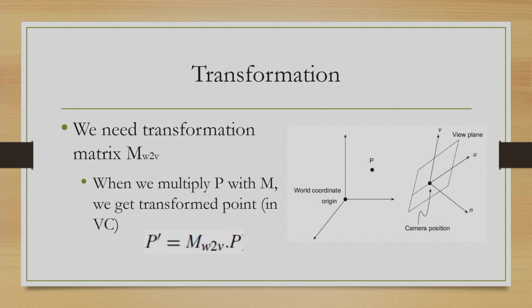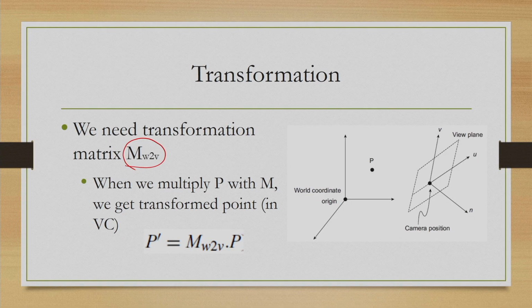So, what do we need? We need a transformation matrix M. If you recollect, in the modeling transformation stage we said that any transformation can be represented in the form of a matrix. So, we need to find that matrix which will transform a given point to a point in the view coordinate system. And how do we do that?